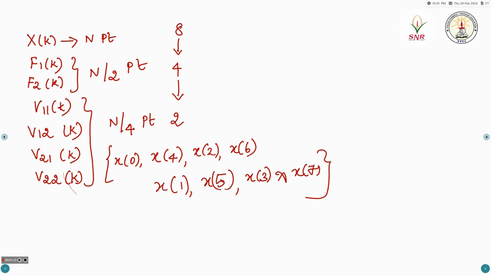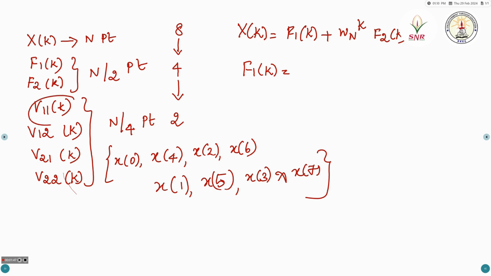So based on this derivation, we will merge this as x of k is equal to f1 of k plus w n power k into f2 of k. Similarly, my f1 of k is the combination of v11 of k and v12 of k.